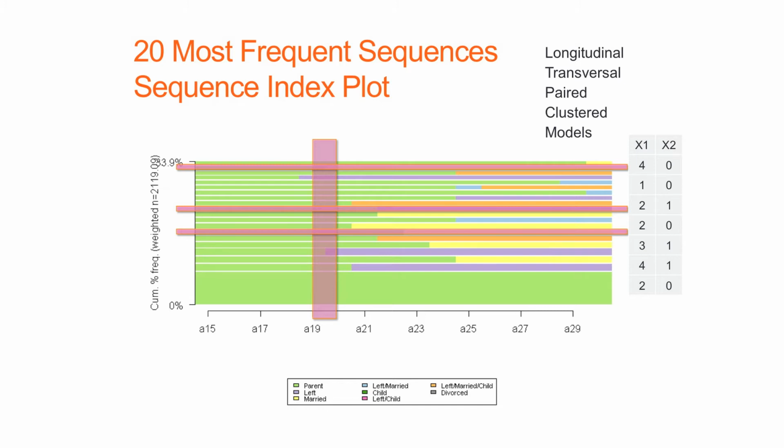The most frequent one at the very bottom shows people who lived with their parents for all 16 years. The one right above that shows living with parents through age 20, and then beginning in 21, having left. The one right above that, living with parents up until age 24, and then being married but still living with parents.